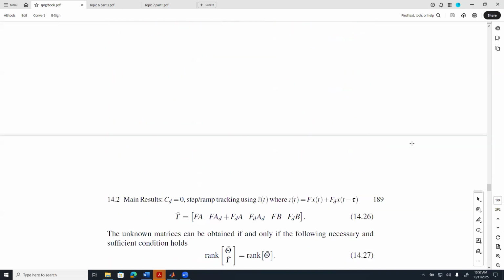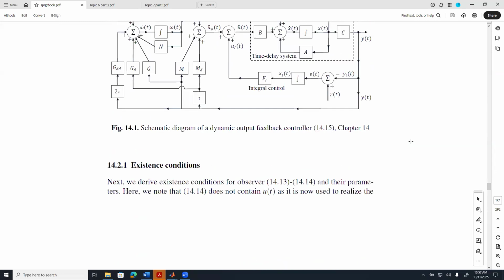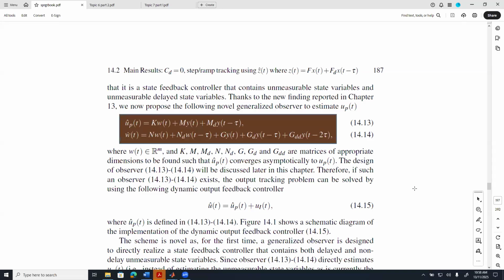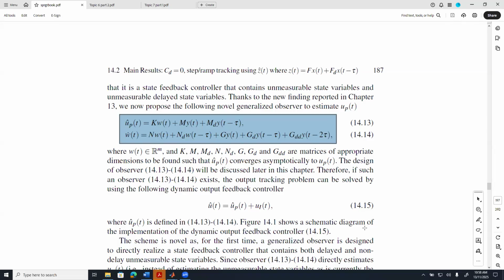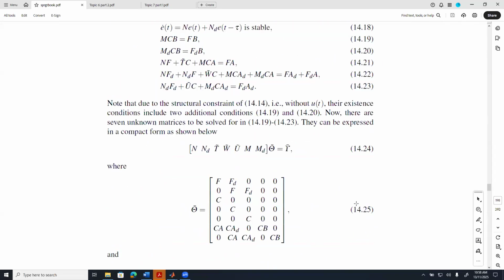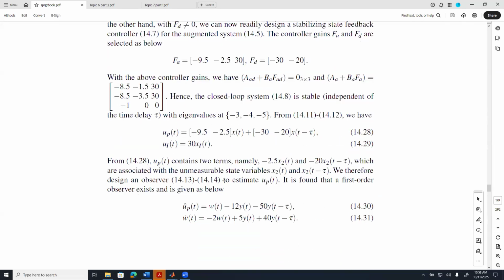We should leave it to the reader to verify our results. Okay, so we could find an observer of this form to directly estimate the generalized functional, which is this control law in here.